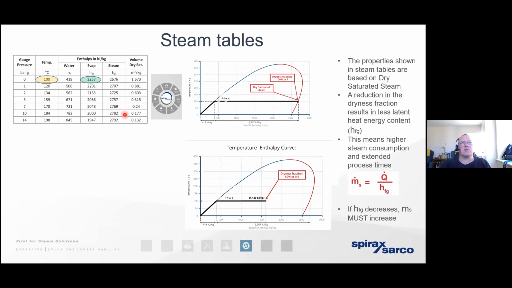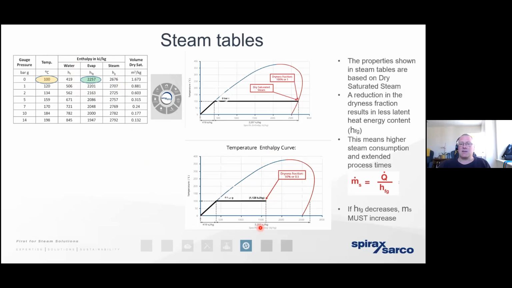But if we fail to put the full enthalpy of evaporation into that boiling water, then we would expect steam to exist with a dryness value of 0.5 or 50%. In other words, it would have 50% of the energy contained within it that the process may have been expecting.